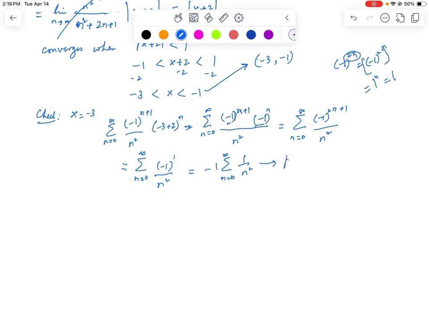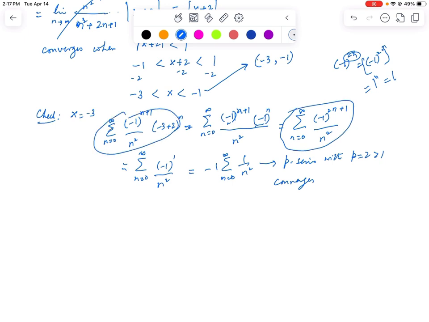This is a P series with P equals 2, which is greater than 1, therefore converges. Sorry, this series converges basically. So it means the series converges when x is equal to negative 3.